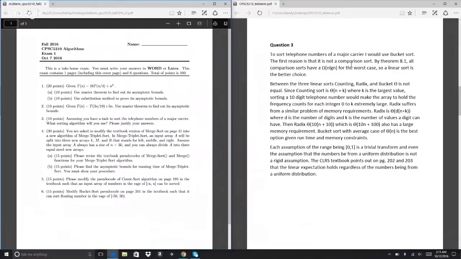Now, the CLRS textbook points out on pages 202 and 203 that the linear expectation for the size of each bucket holds regardless of the number being from a uniform distribution. And I bring up this point because telephone numbers have area codes.